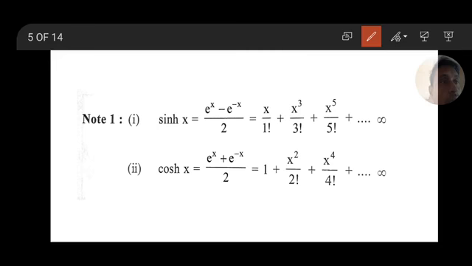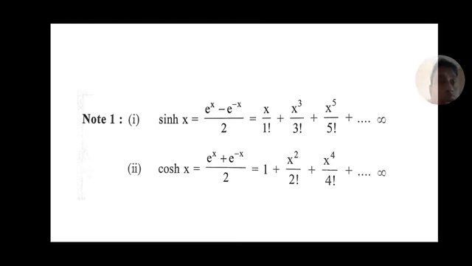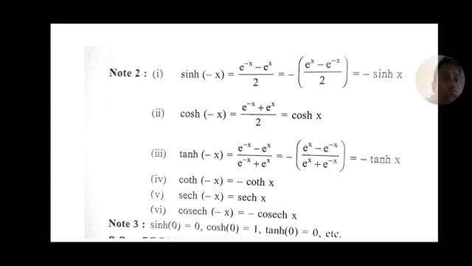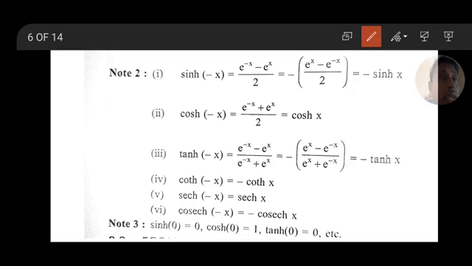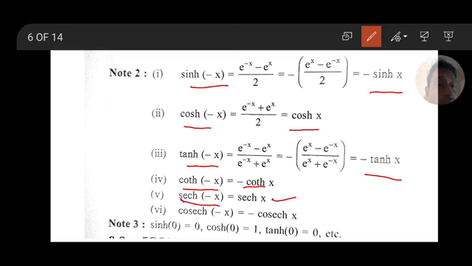Okay. Next, we will see the formulas depending on these hyperbolic functions. So first one, sinh of minus x equals minus sinh x, cosh of minus x equals cosh x, tanh of minus x equals minus tanh x, coth of minus x equals minus coth x, sech of minus x equals sech x, cosech of minus x equals minus cosech x.